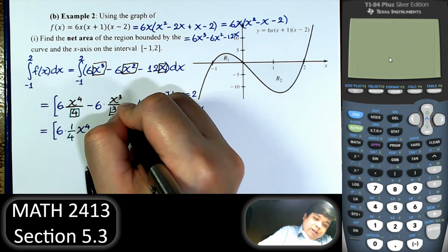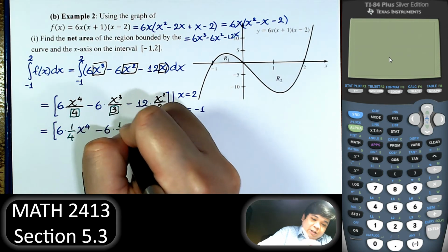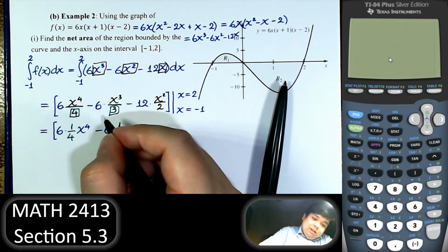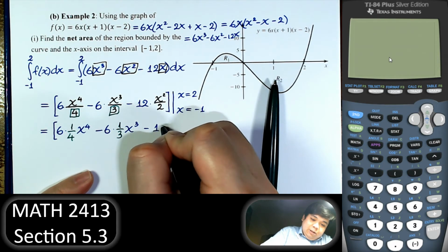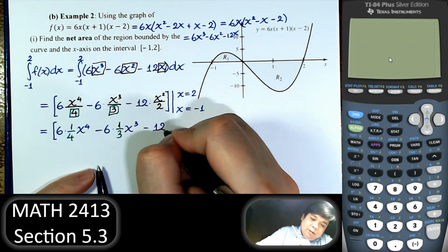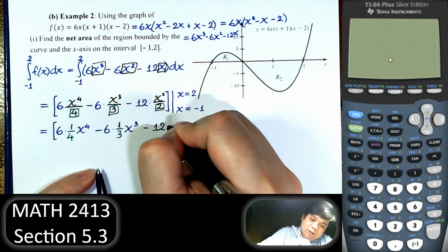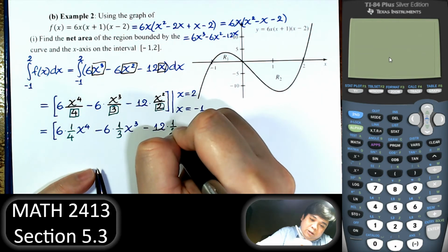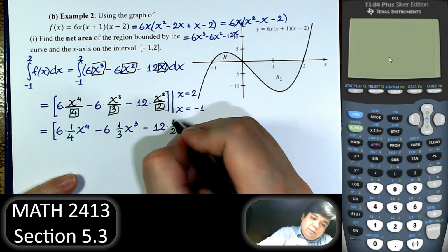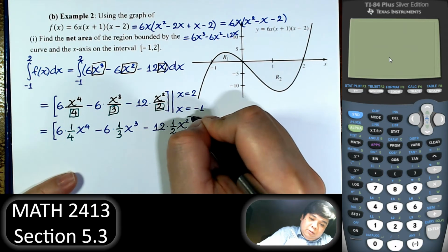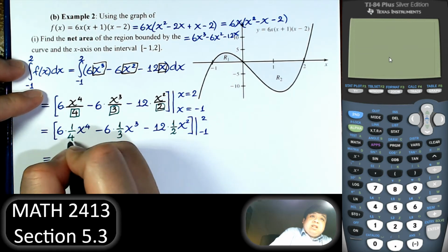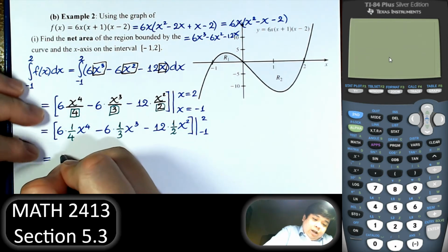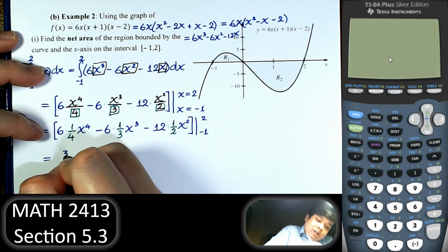Then we can flip it. Going from -1 to 2. Right, 6 times 1/4 is 3/2.